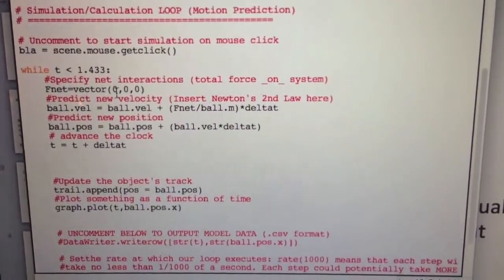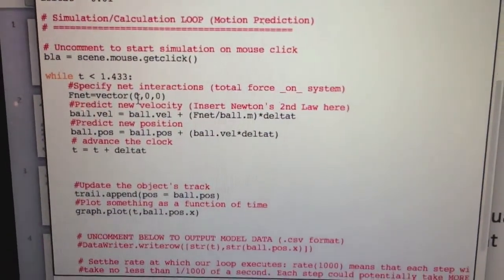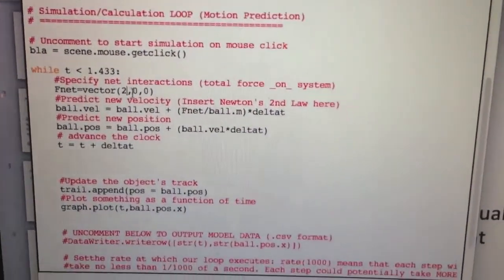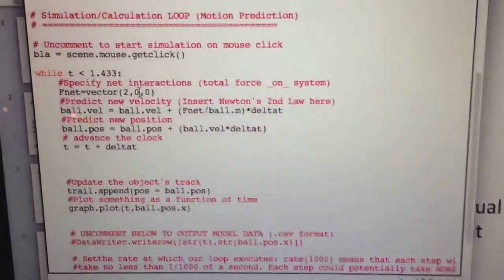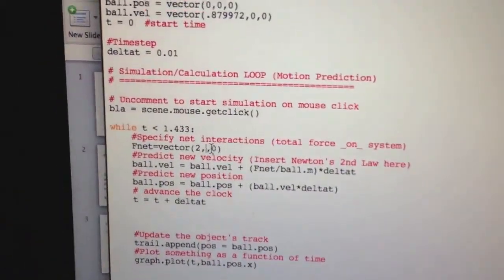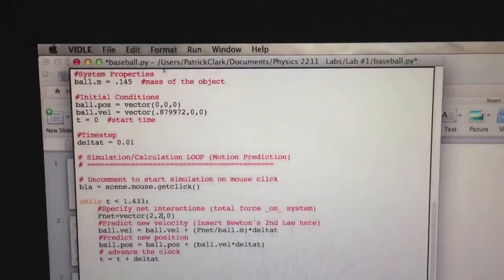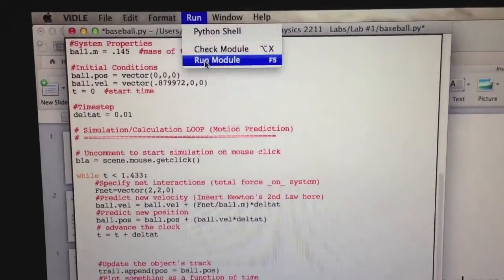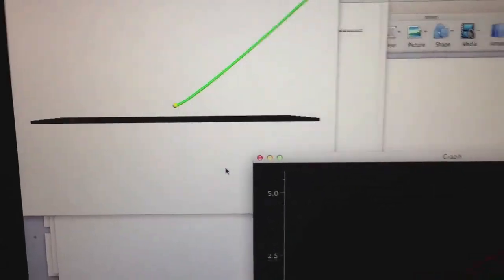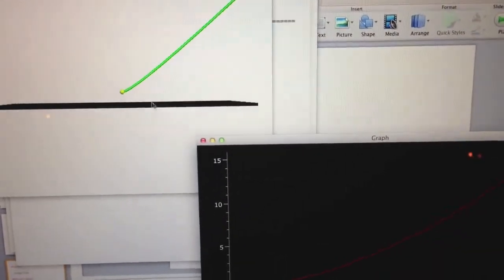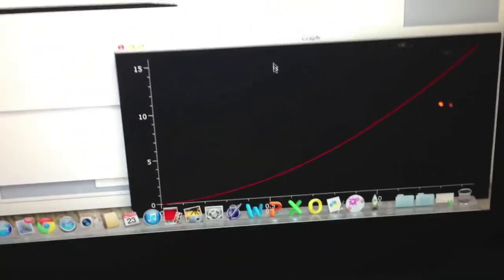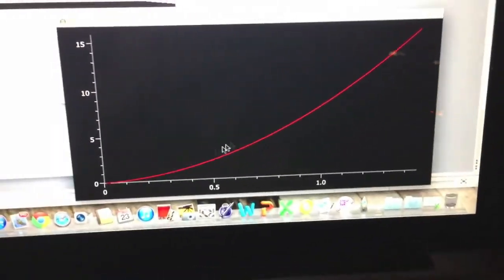So right here, instead of having no net forces, if we made this 2 in the x direction and 2 in the y direction, we would see that there is no longer a constant velocity, but instead there is an exponential growth in the velocity over the change in time.